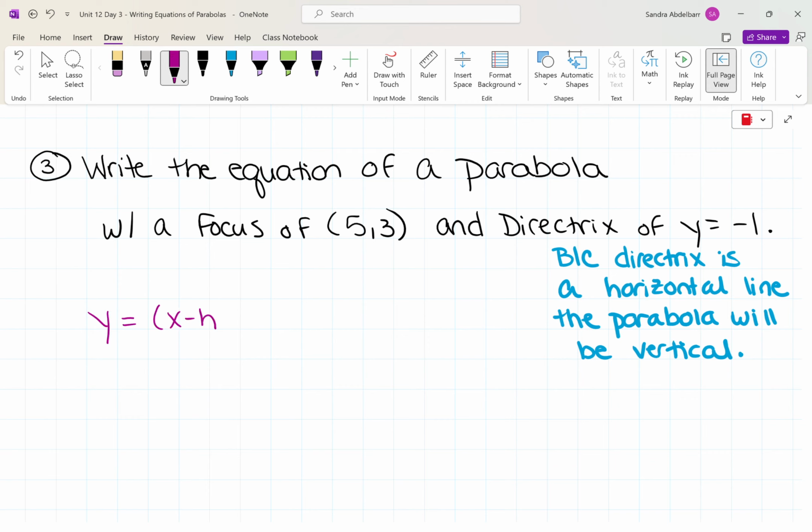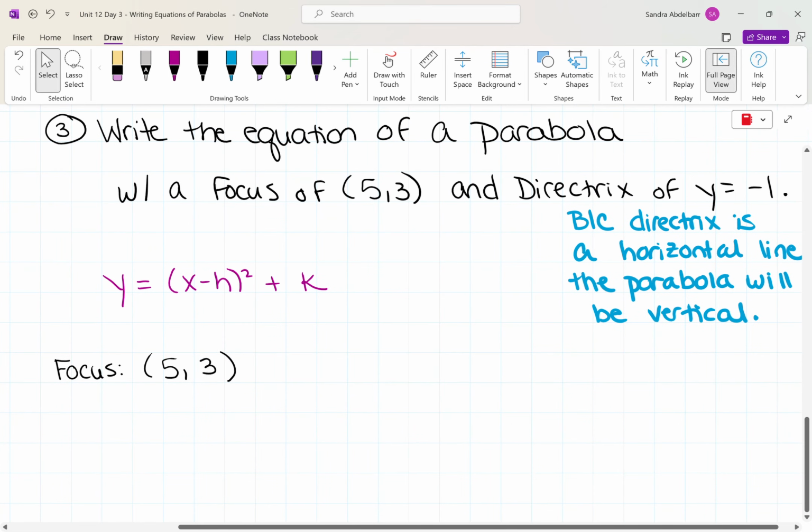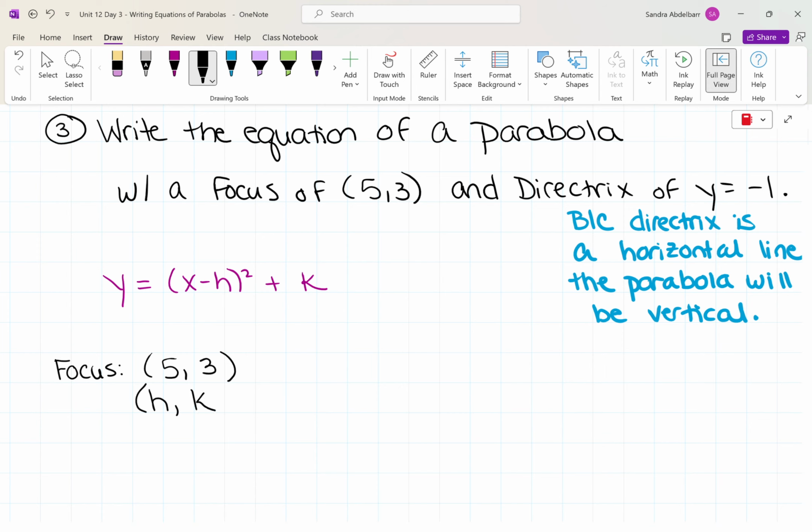So now that we know that the parabola is vertical, I'm going to set up my y equals a times the quantity of x minus h squared plus k. All right, let's now work with what we have. I have my focus, which is the point (5, 3). Now, the focus of a vertical parabola is (h, k plus 1 over 4a).